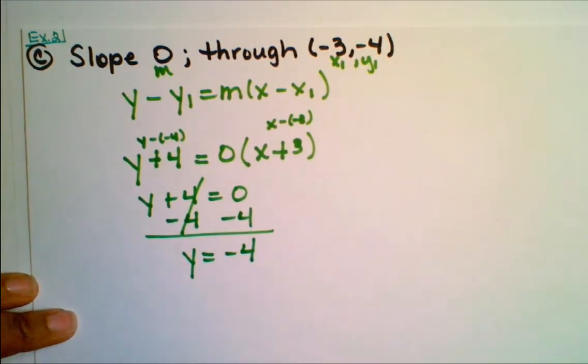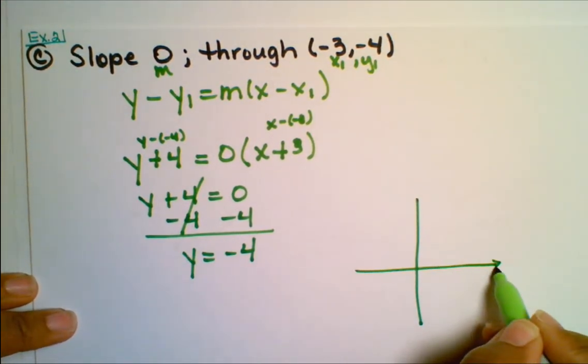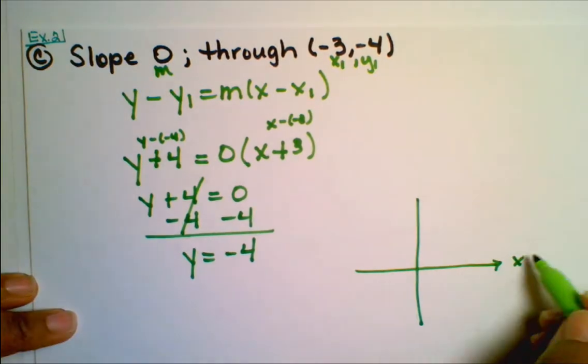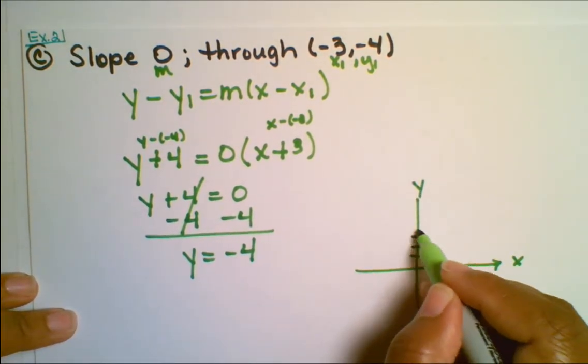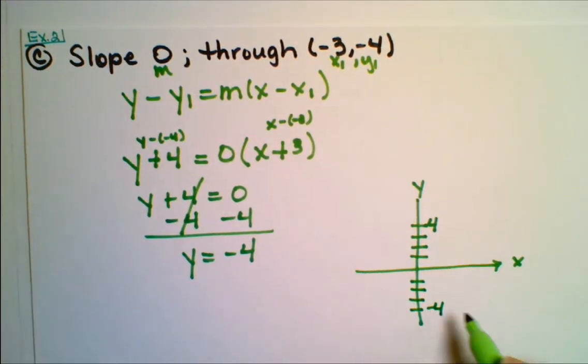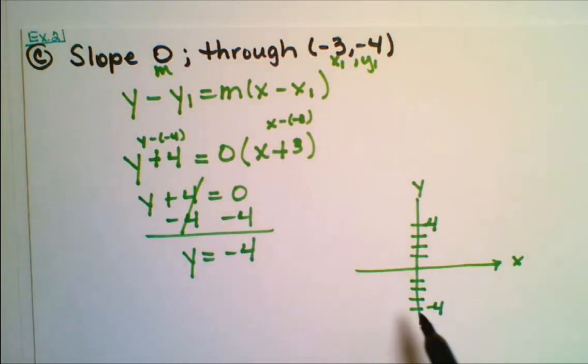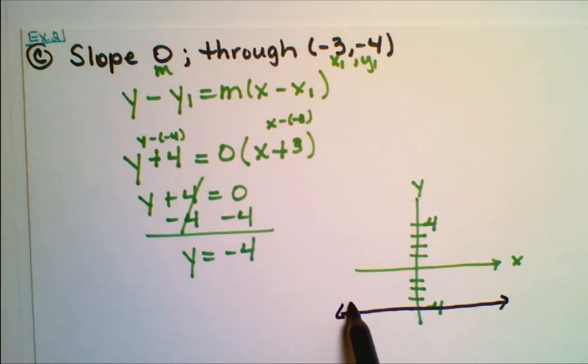If you were to graph this line, it would be parallel to the x-axis at -4. This is what your line would look like.